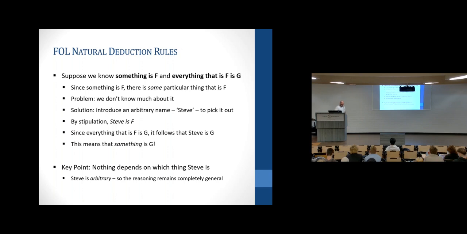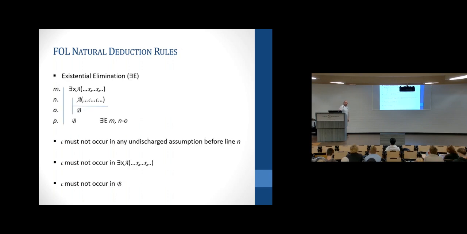So what it means for us in terms of a rule is that we have something like this. And this is the ugliest rule that we're going to learn of the new ones. But it's fairly straightforward. If you have an existential, what you can do is start a subproof where you've replaced the existentially quantified variable with some arbitrary name.